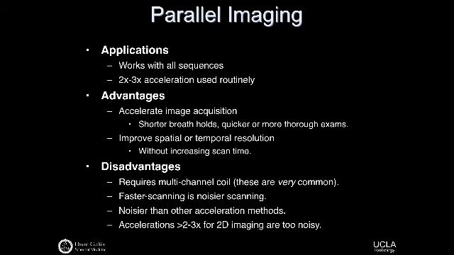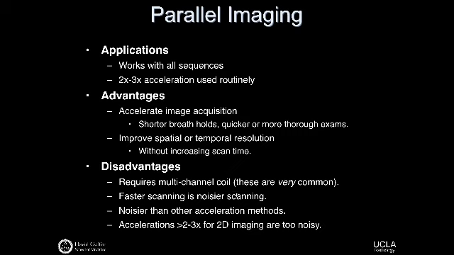What are the disadvantages? Well, one is that it requires a so-called multi-channel coil. Remember, every coil, head coil, knee coil, neck coil has several channels. I wouldn't really say it's a disadvantage because these are very common now. Any scanner at any high-end institute is absolutely going to have these coils available. They're 10-year-old technology. Faster scanning is noisier scanning, right?